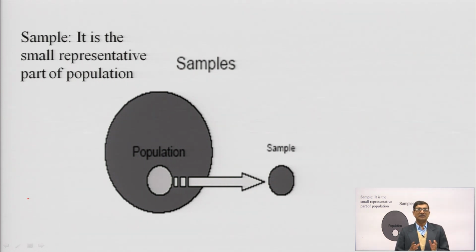The sample is a small part of the population, but there is another word, representative. That means the sample should be representative of the population. It contains all the characteristics of the population.